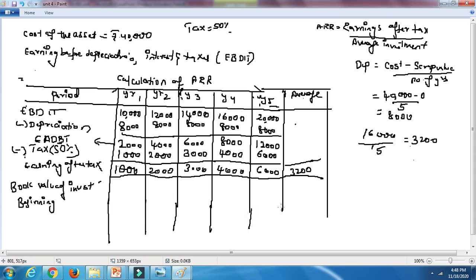You can do it separately also. There is less space, so I am doing it in one box only. First year is 40,000, right? So you need to deduct the depreciation. Depreciation of first year is how much? 8,000. So let's deduct that 8,000. You will get over here 32,000. This is nothing but your ending. Now you need to take out the average of this also.